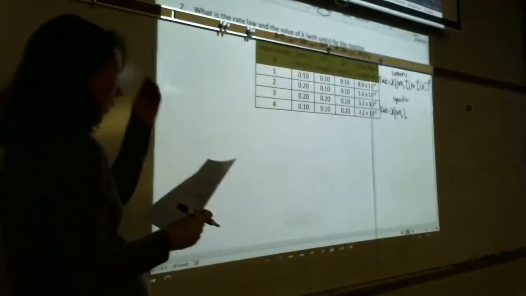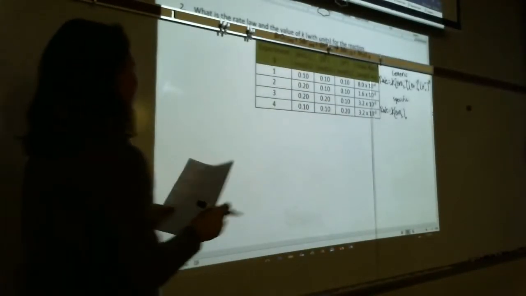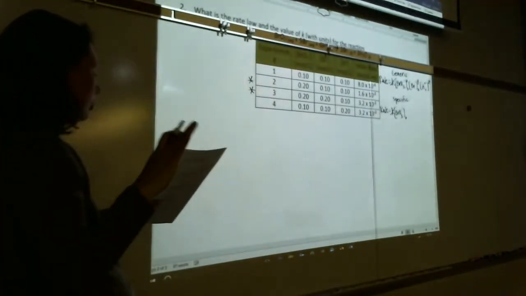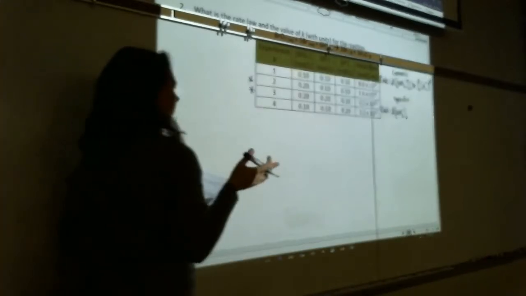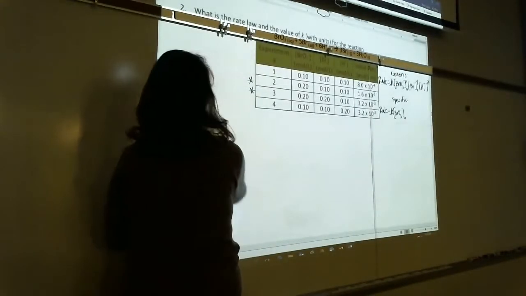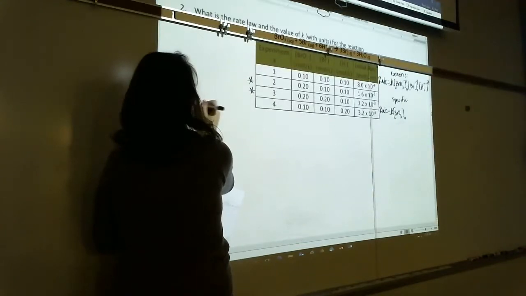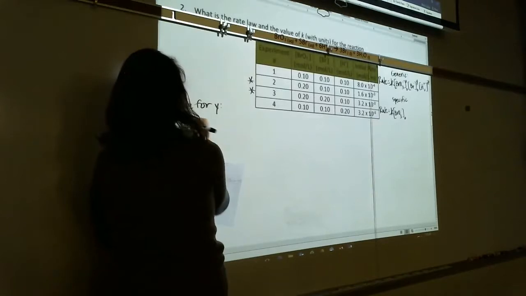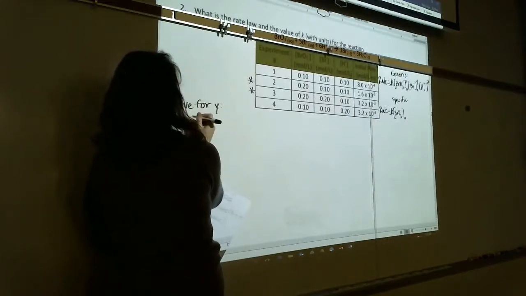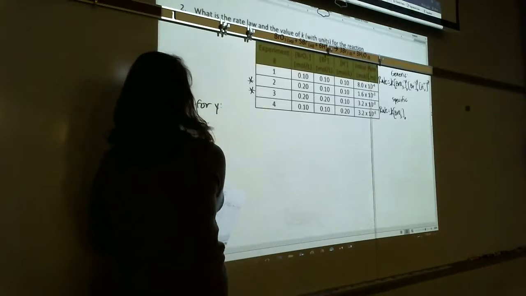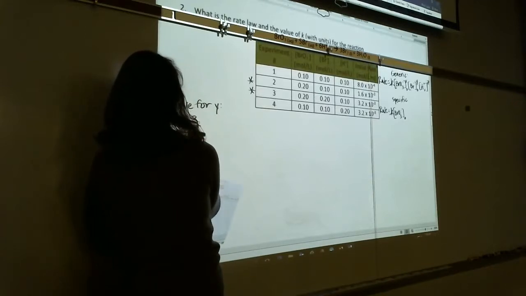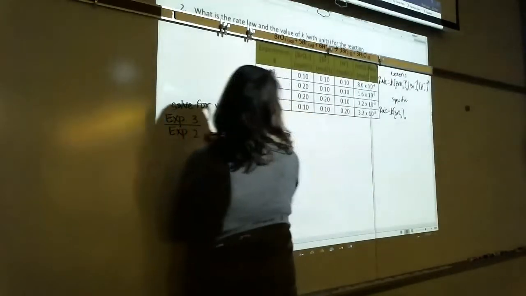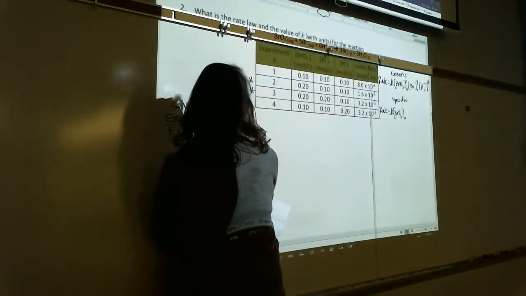What did you pick to solve for y? 2 and 3? That's what I did. And you can do it as 2 over 3 or 3 over 2. Same difference, you're going to get the same answer either way. So solve for y. I wrote it as 3 over 2. I just think it's easier to see when you have a whole number or number greater than 1. So experiment 3's rate is 3.2 times 10 to the negative third.